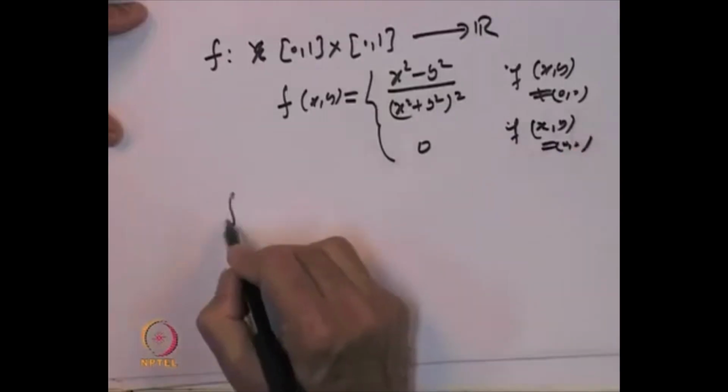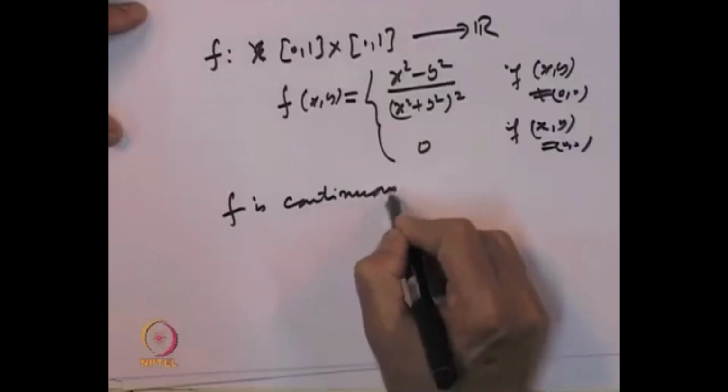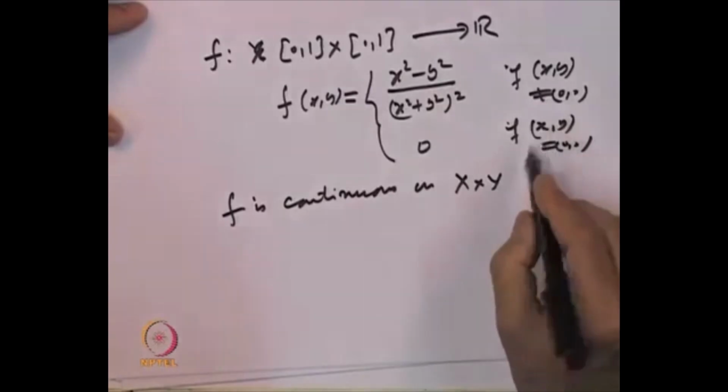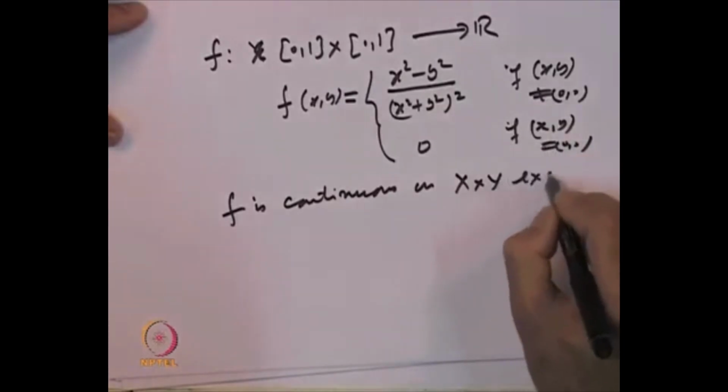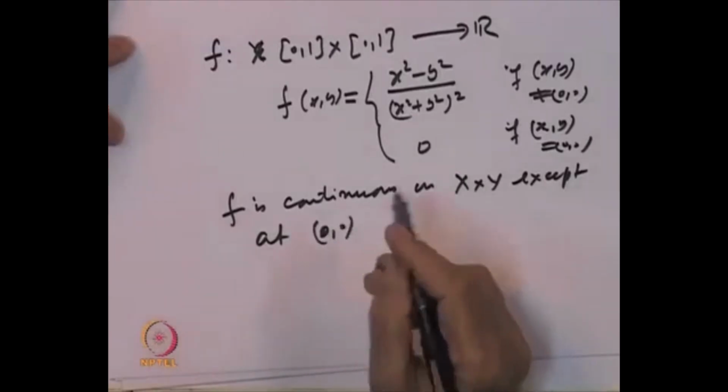So, the claim is this function f is continuous on X cross Y, that is [0,1] cross [0,1], except at the point (0, 0).